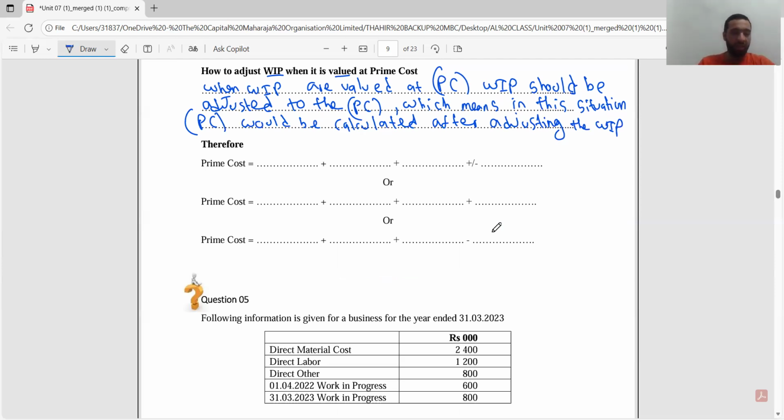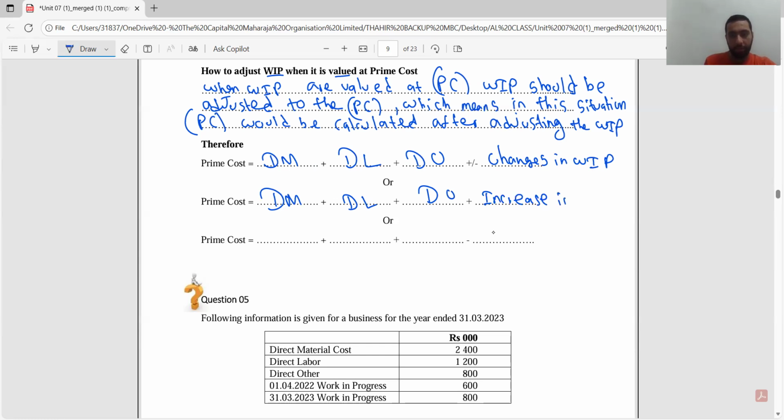Right. Okay. So the prime cost, direct material, direct labor, direct other, plus minus changes in WIP. Prime cost, direct material, direct labor, direct other. You add what? Increase in WIP. Direct material, direct labor, direct other.